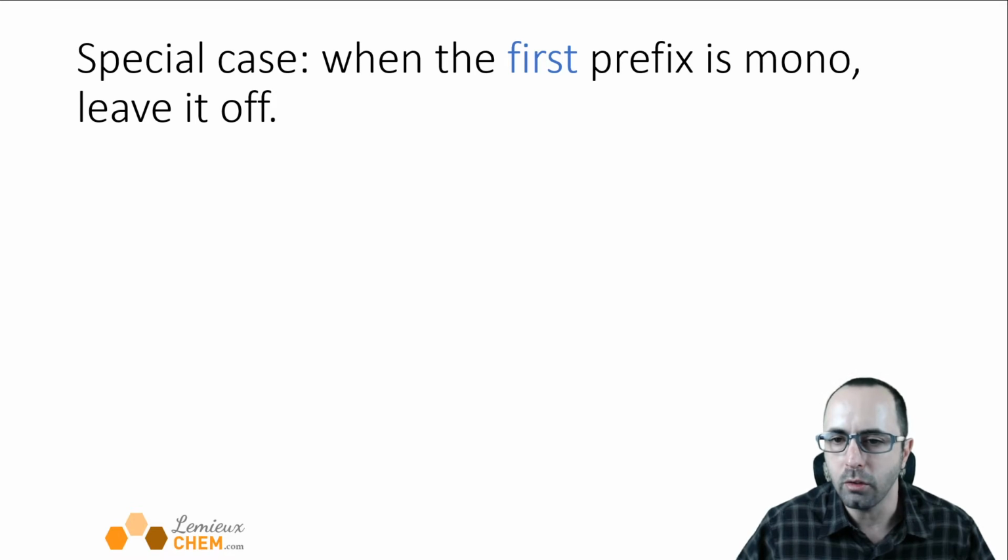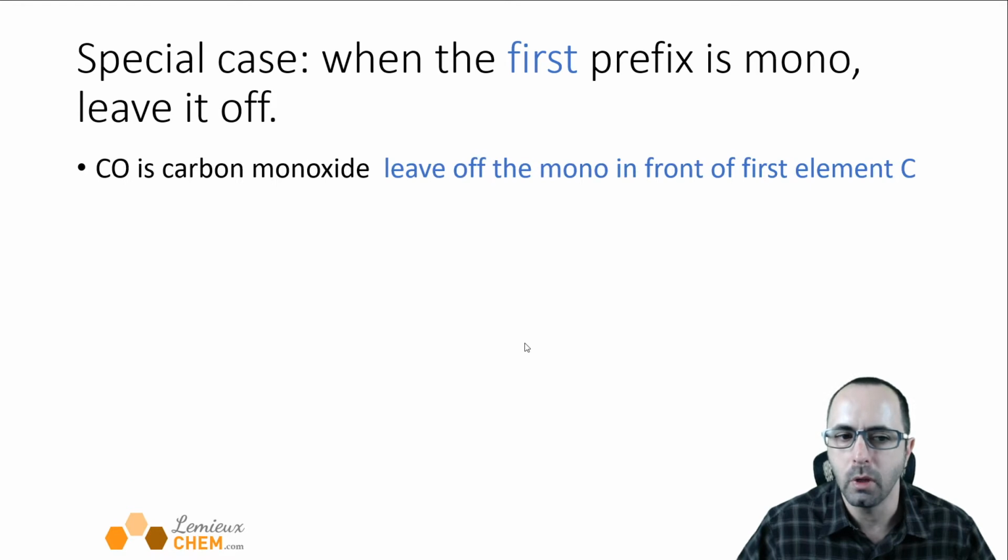There are a few special cases. If you have a single atom at the front, you do not use mono. For example, notice we didn't say monocarbon monoxide, we say carbon monoxide. And there's also another exception here. Notice we didn't say monoxide, right? I'll get to that in a moment. But we never put mono at the beginning.